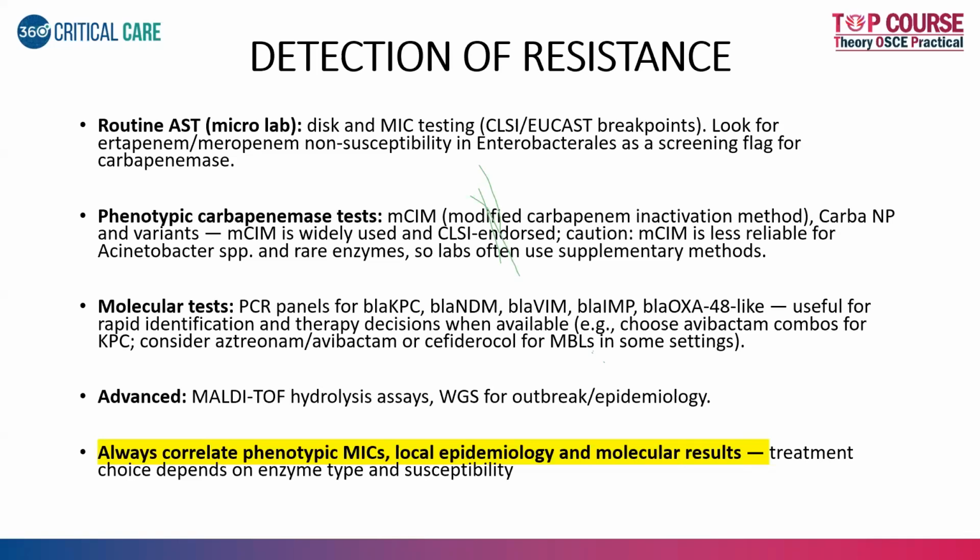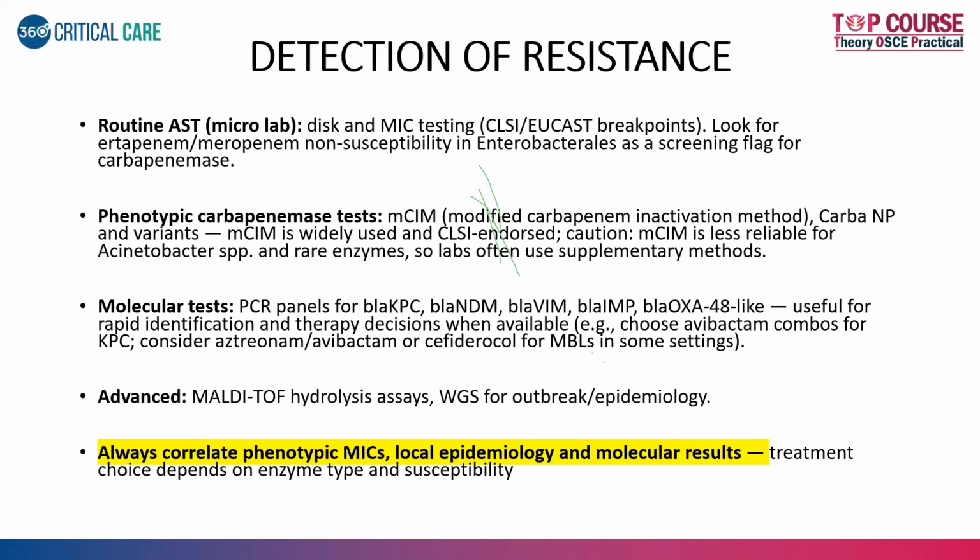I told you yesterday about imipenem resistant, meropenem sensitive. All of this is usually because of carbapenemases which are present in that particular bacteria. There will be a possibility where one carbapenem will be sensitive, the other resistant. It all basically depends on what is the resistance pattern in that particular bacteria.